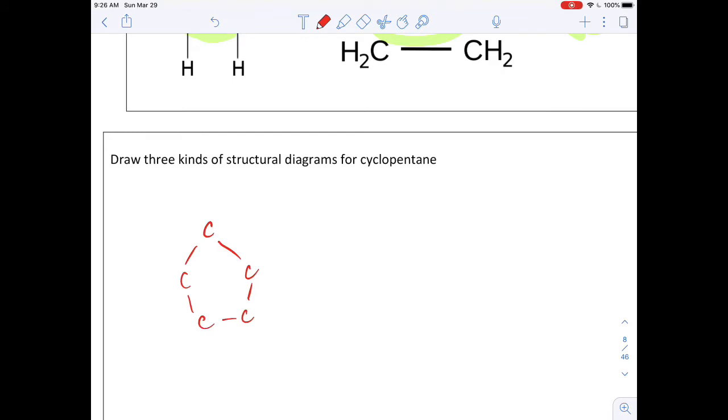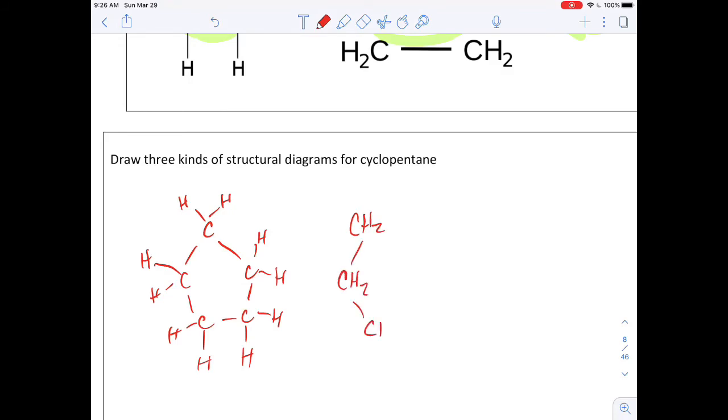Because each of the carbons already has 2 bonds, each can only bond to 2 hydrogens to make it saturated. So it's going to be CH2 in a ring, and we are left with the molecular formula of C5H10.